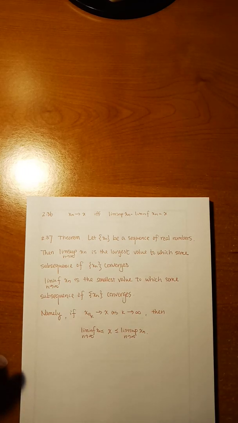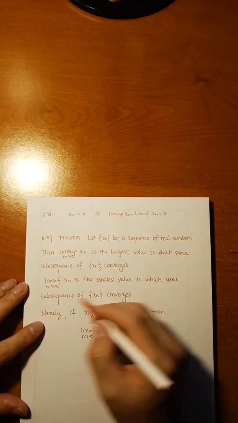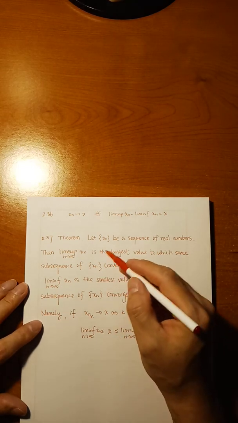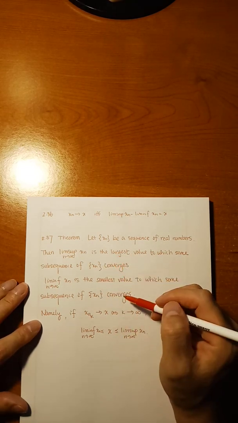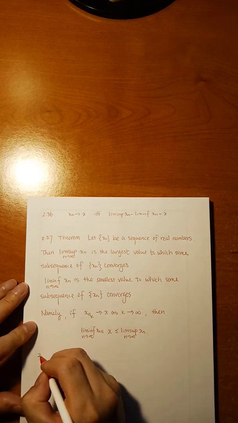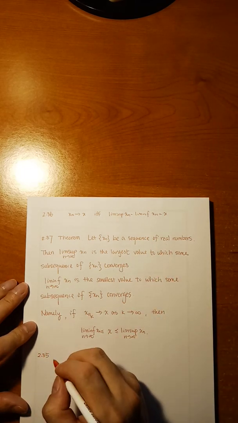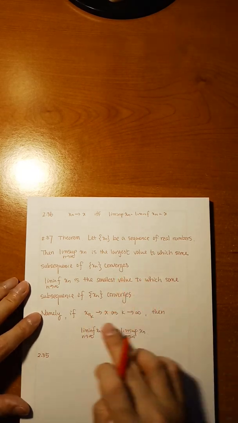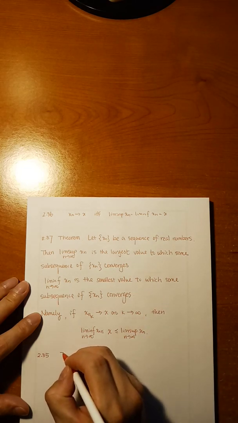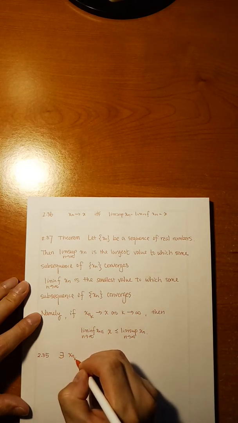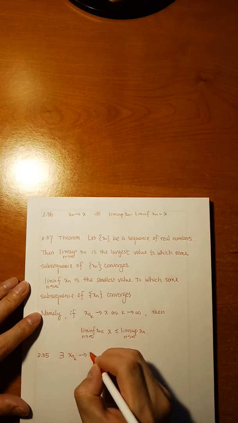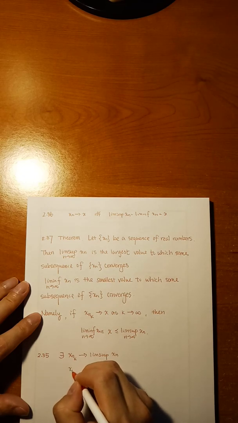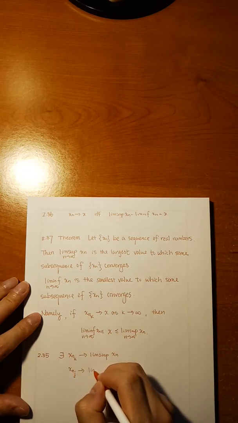All right, and this result is actually not equivalent to the statement here. Remember that theorem 2.35 says if you have a finite lim inf and lim sup, there always exists a subsequence converging to lim sup and another converging to lim inf.